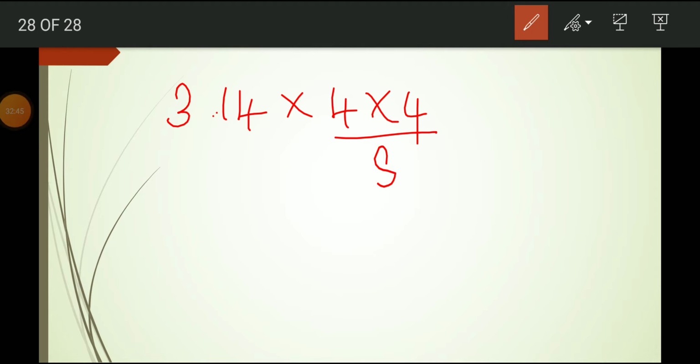And the last thing, I will explain 3.14 into 4 into 4. 4 fours are 8, so 3.14 into 8.